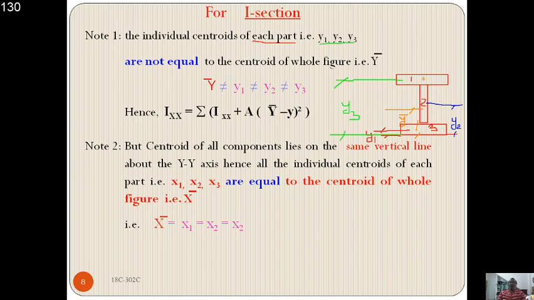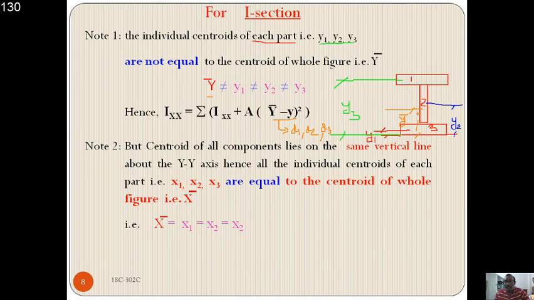So these are the four values we need to find: y bar, y1, y2, y3. By finding these values, you can obtain the individual distances d1, d2, d3.